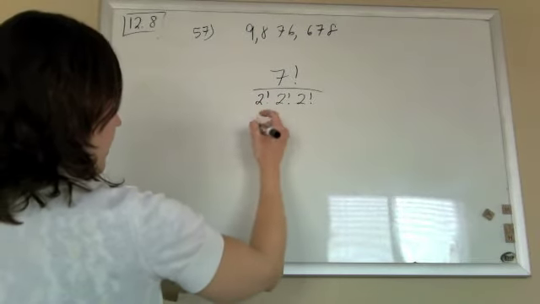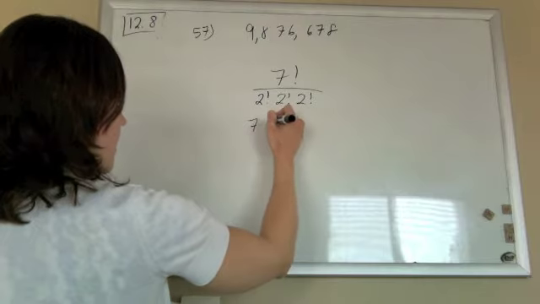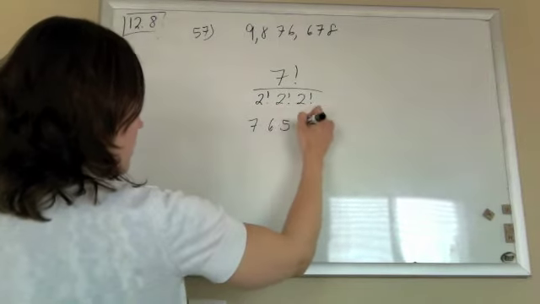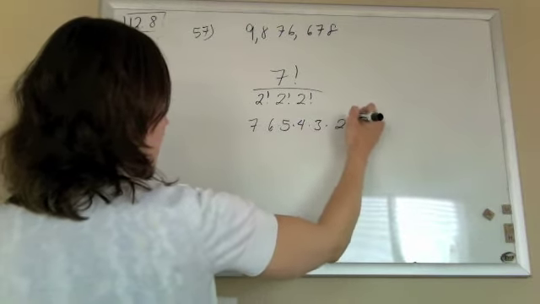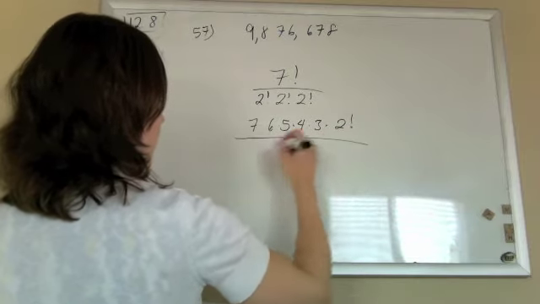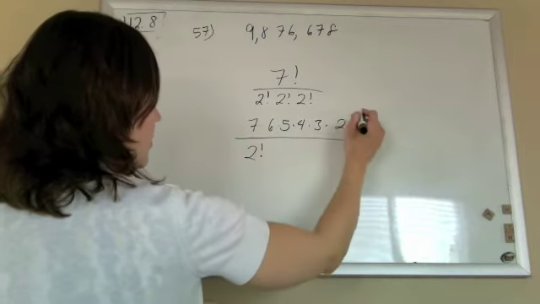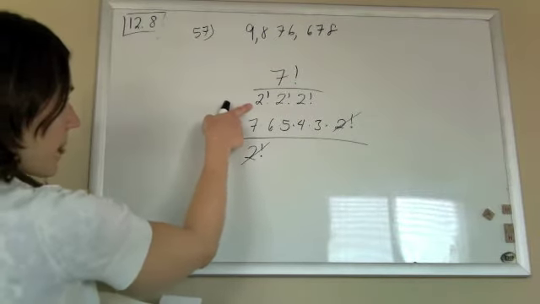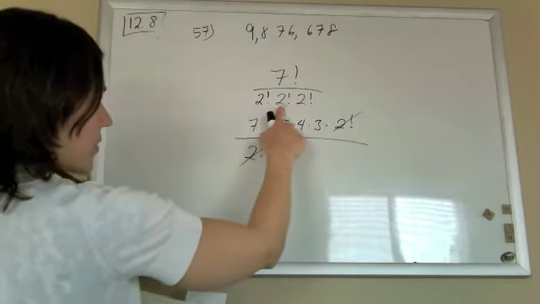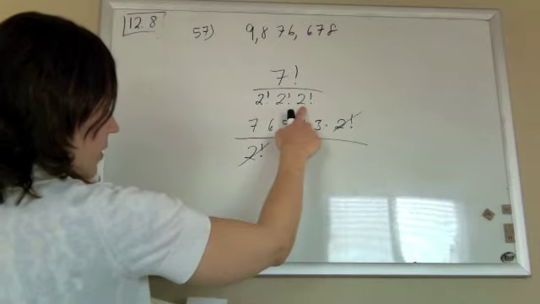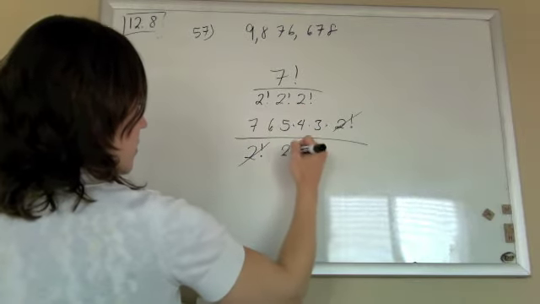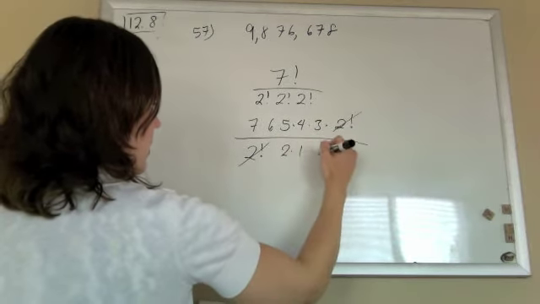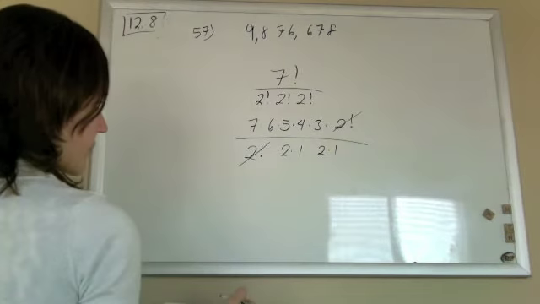So working this out, this is 7 times 6 times 5 times 4 times 3 times, I'll stop at 2 factorial and let that 2 factorial cancel with the 2 factorial down here. But I still have to write out this 2 factorial and that 2 factorial. So this one is 2 times 1 and this one is 2 times 1.